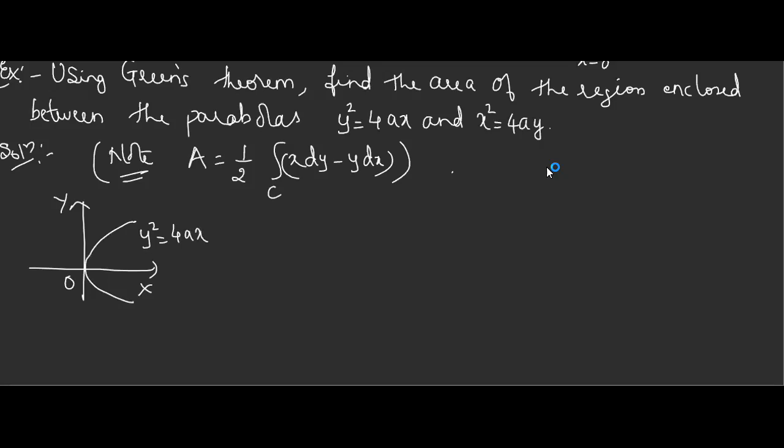Next, x square equal to 4ay. Where does it open? It opens above. Correct? Just now we have seen y equal to x square, same way. Now, which is the common region? You can say this part. So this region is the common area where we have to perform the integration.